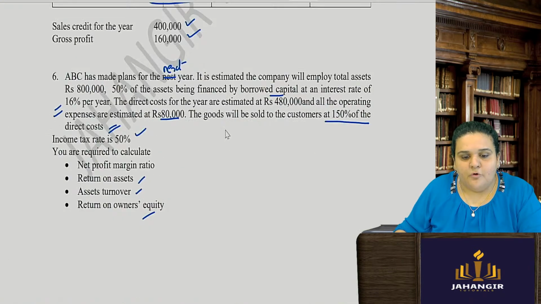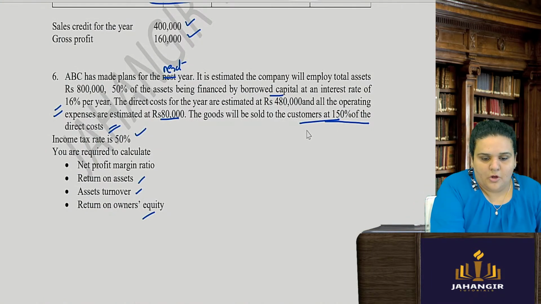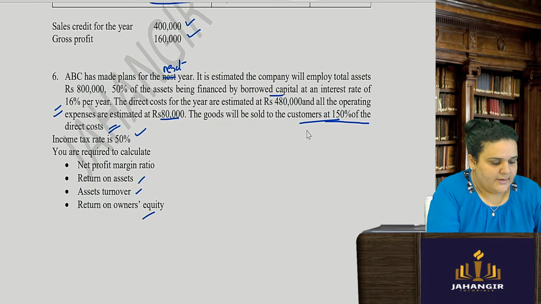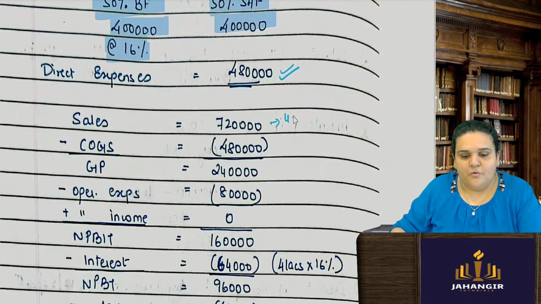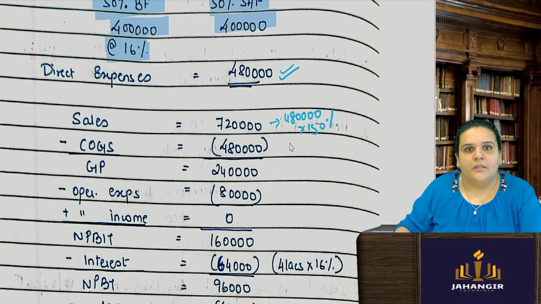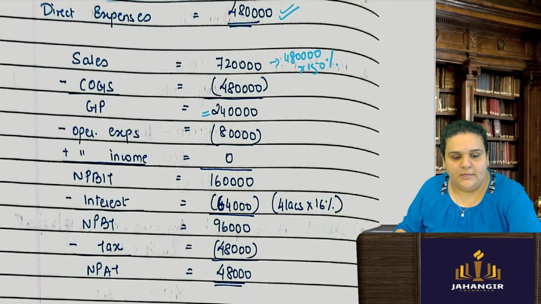They have told me goods will be sold to customers at 150% of the direct costs. Okay, so 4,80,000 into 150% will be 7,20,000 sales. Minus COGS 4,80,000, my gross profit will be 2,40,000.